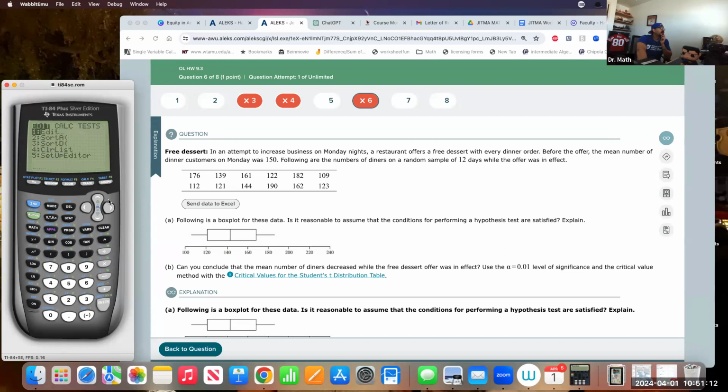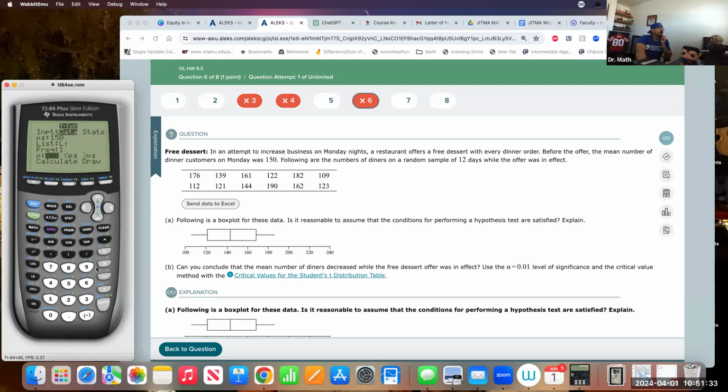So now I could go to stat, test, ttest. This time I use data. So I'll go over, hit data. My mu, we're comparing it to 150. Everything's in L1, frequency 1.